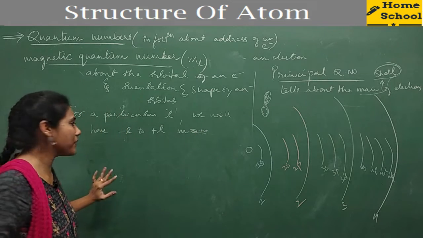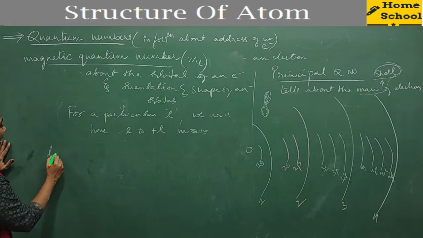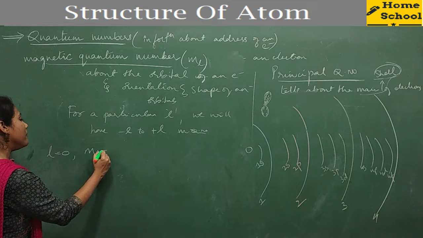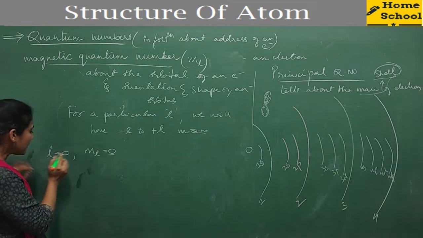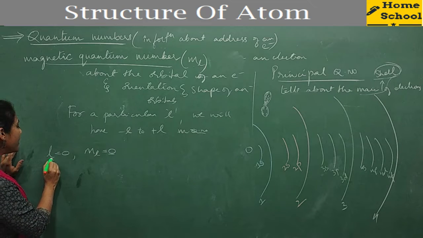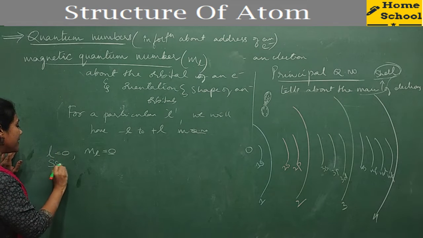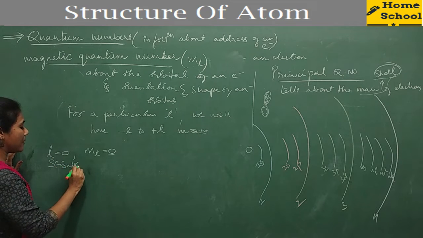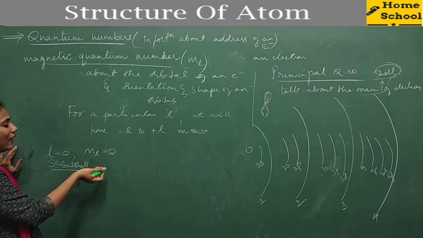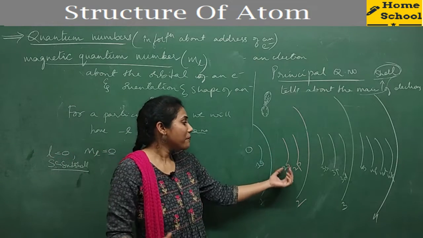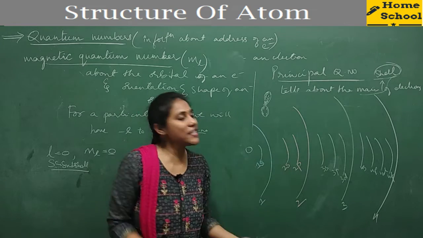Don't worry, just observe here. Say if the L value is equal to 0, our magnetic quantum value is also 0. That means L is equal to 0 in the sense of what, guys? Subshell, right? So this is our S subshell. The S subshell will not have any streets or any towns, guys. The S subshell itself is an orbital.